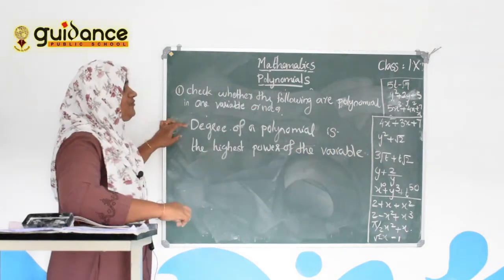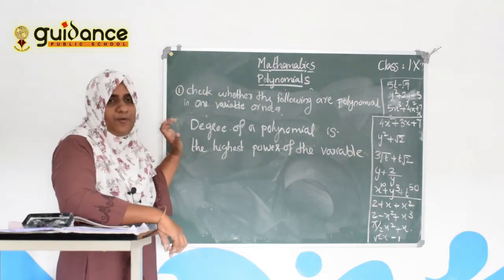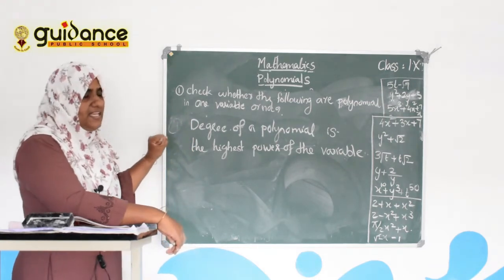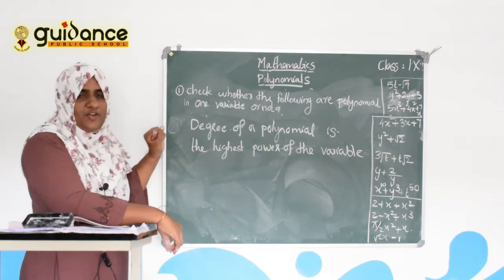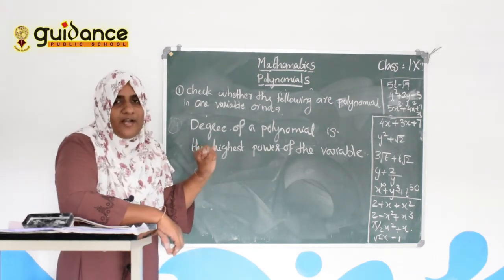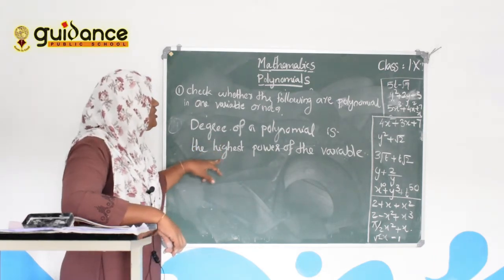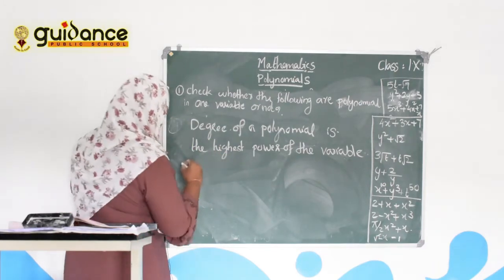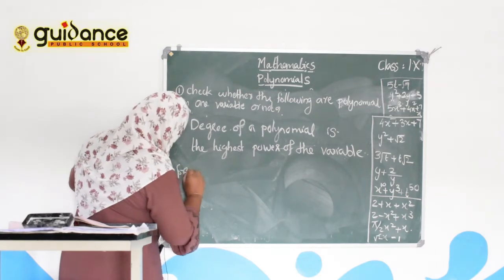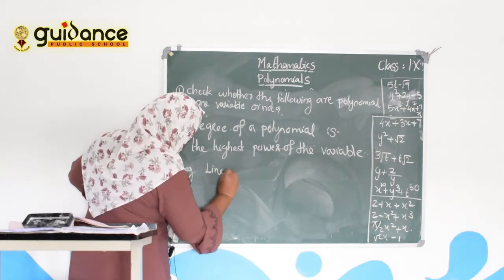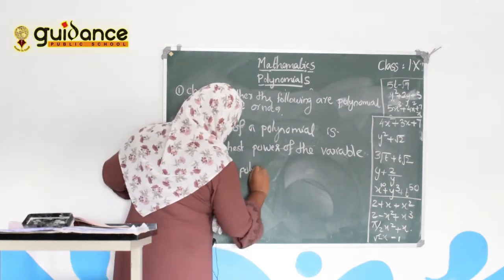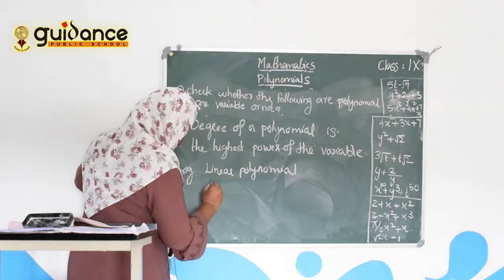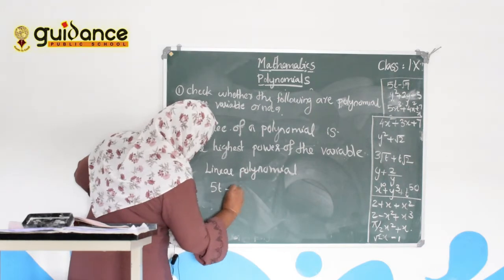A polynomial of degree 1 is called a linear polynomial. A polynomial of degree 2 is called a quadratic polynomial, and a polynomial of degree 3 is called a cubic polynomial. For example of a linear polynomial, a polynomial of degree 1, that is 5t minus root 7.